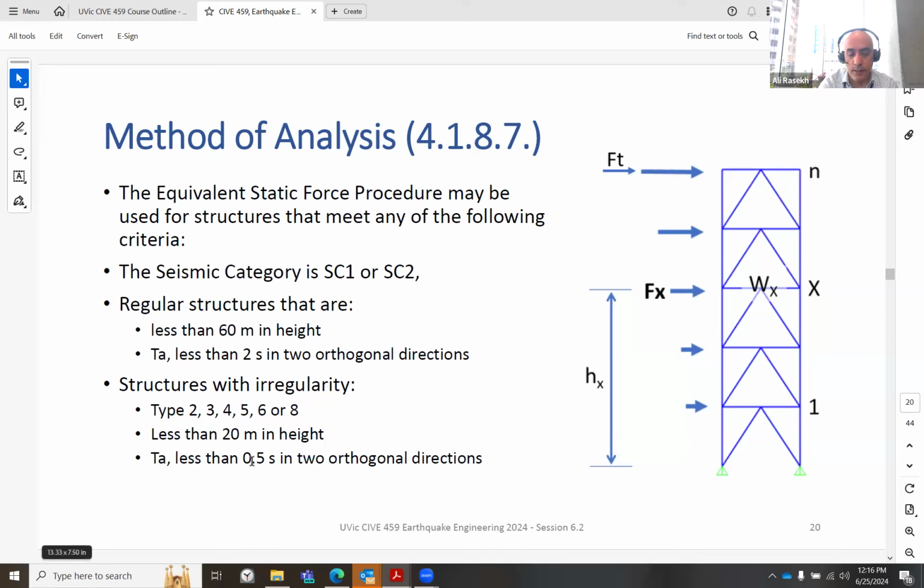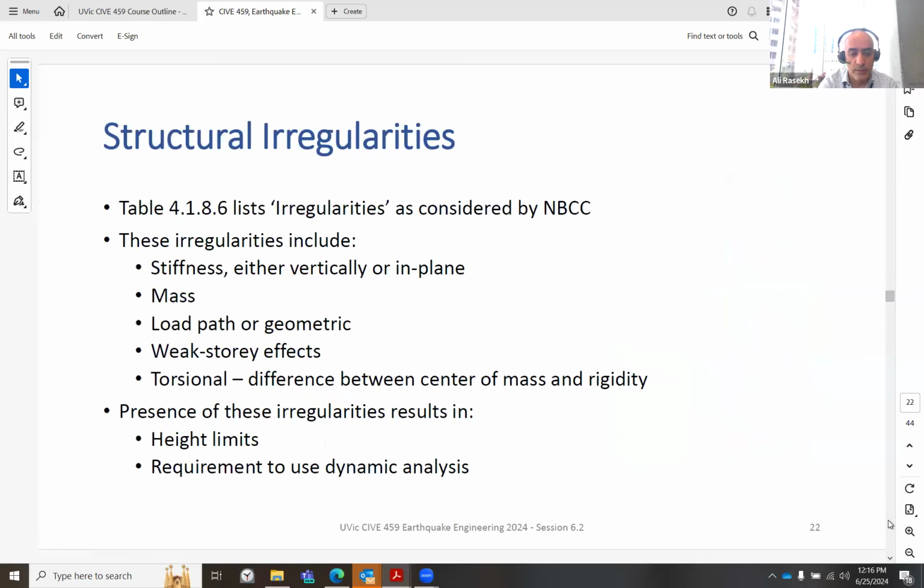Period and elevation have a correlation. So that's what we mean here. And then when the structure becomes very unusual and irregular, then we need dynamic analysis. It also becomes important for important post-seismic structures. I would recommend dynamic analysis, such as for dams or major bridges.